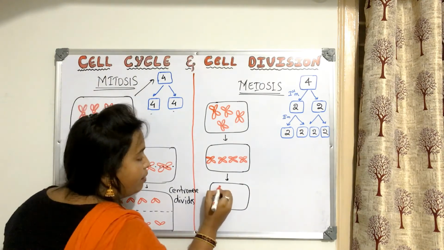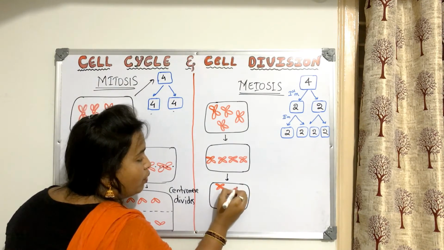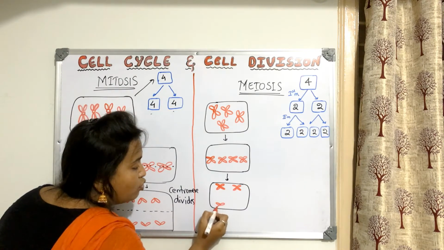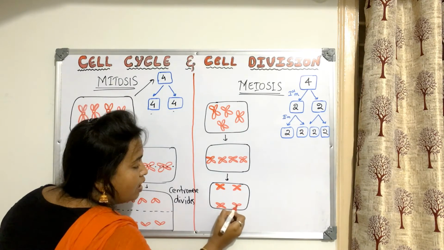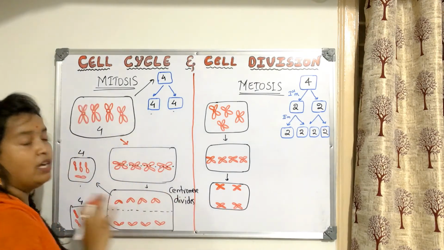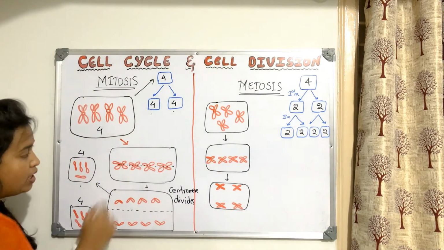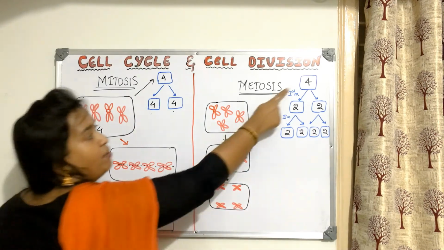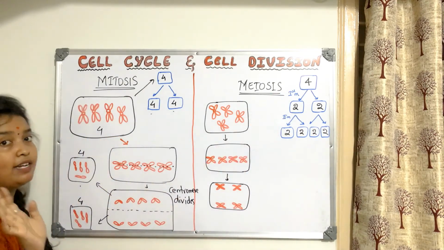Are you understanding what I am trying to say? 2 moved towards one pole, and the other 2 chromosomes will move like this towards another pole. There is no kind of centromere division. Here you found the centromere divided, but here there is no centromere division. From here till here, you will not find any centromere division.